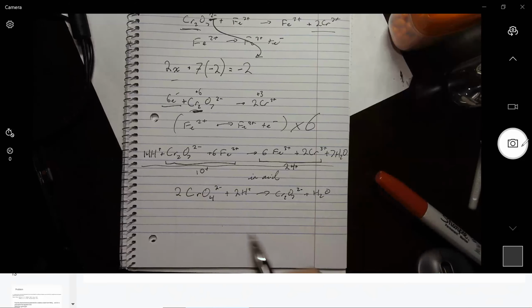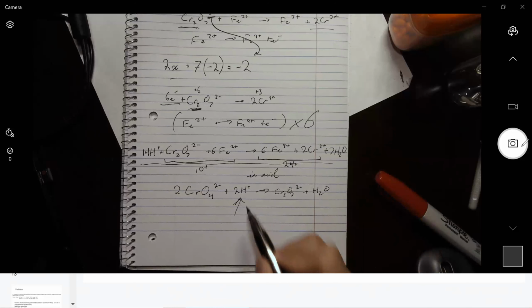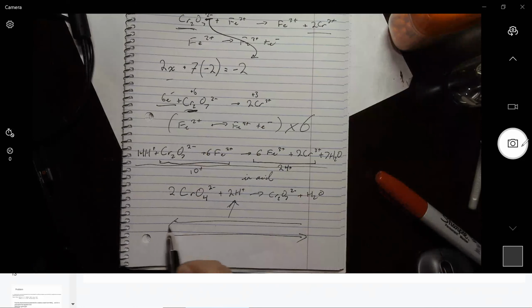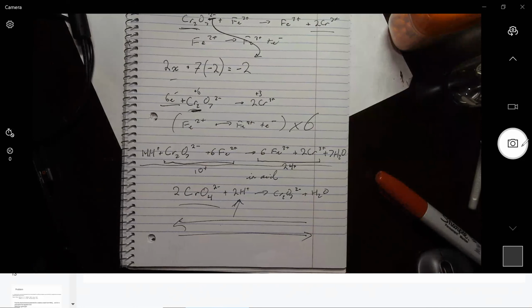And notice when we add acid, the reaction goes in this direction. So this is why I chose to do the reaction in acid, because the dichromate ion exists in acid. When we add base, the equilibrium goes in this direction, so we form chromate. So this is why I did it in acid.